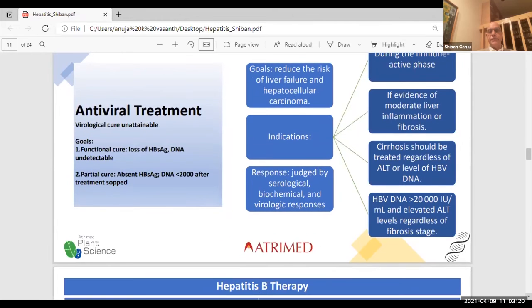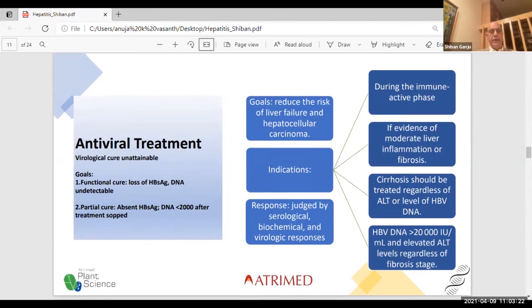If there's an indication of cirrhosis, they deserve treatment, and hepatitis B DNA more than 20,000 deserves treatment immediately, even if the other associated conditions or tests are not present. So cirrhosis by itself is an indication for treatment. Hepatitis B DNA more than 20,000 is an indication for treatment. And then immune active disease is an indication for treatment. Next slide, please.